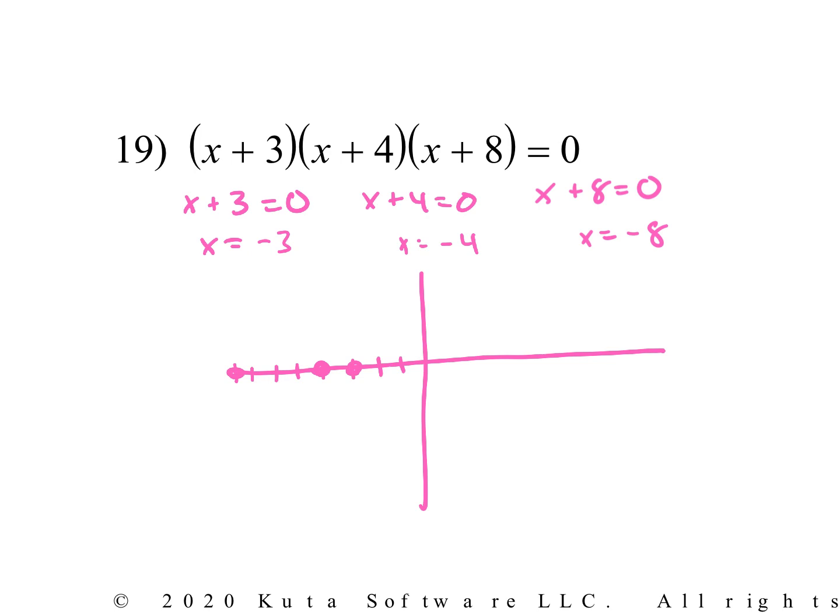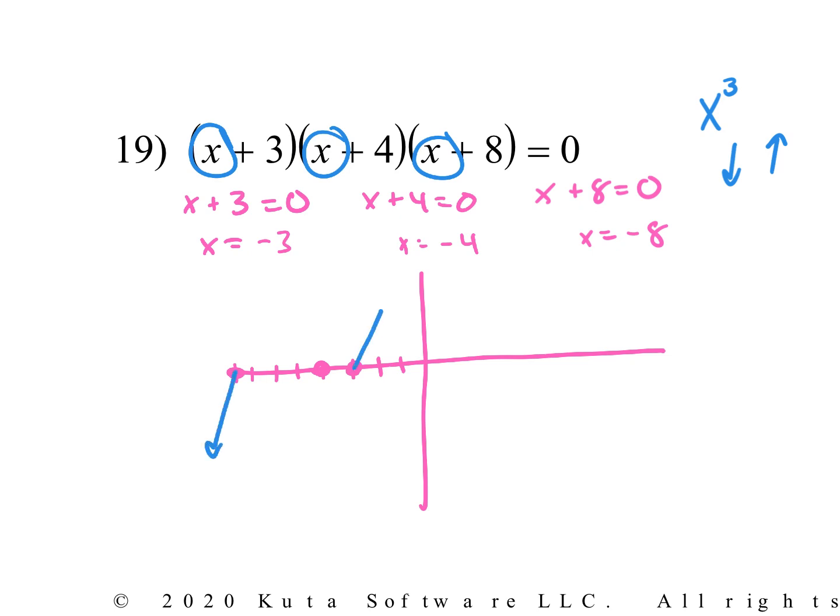How many x's do I have here? 3. Do any one of those x's have a negative in front in the question? Nope. So it's a positive x cubed graph. So what's my end behavior here? So the right one goes up, and what does the left one do? Down. So down and then up. So out of the left one, I have a down arrow.